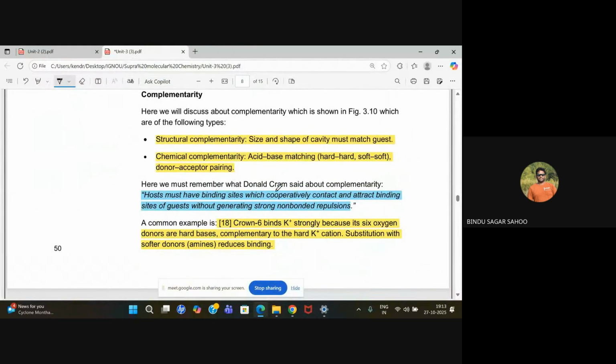So according to Donald Cram, complementarity means host and guest binding sites which cooperatively contact and attract each other without generating strong non-bonded repulsions. That means the binding tendency between host and guest will be stronger, along with no repulsion within themselves or among the donor atoms.